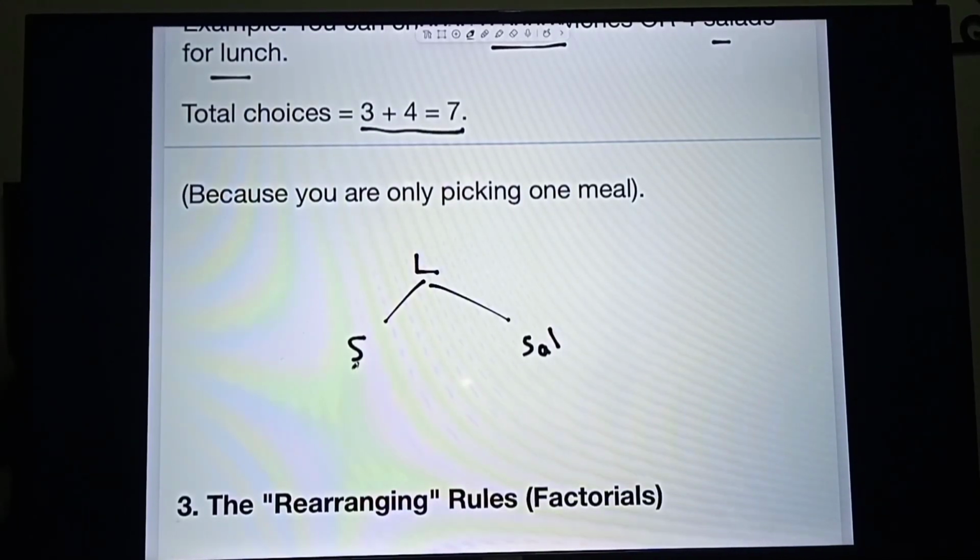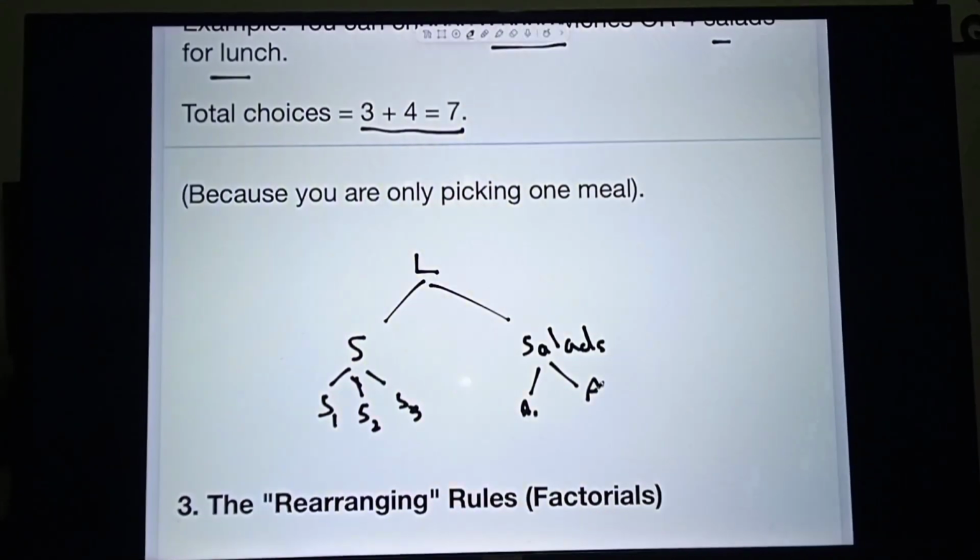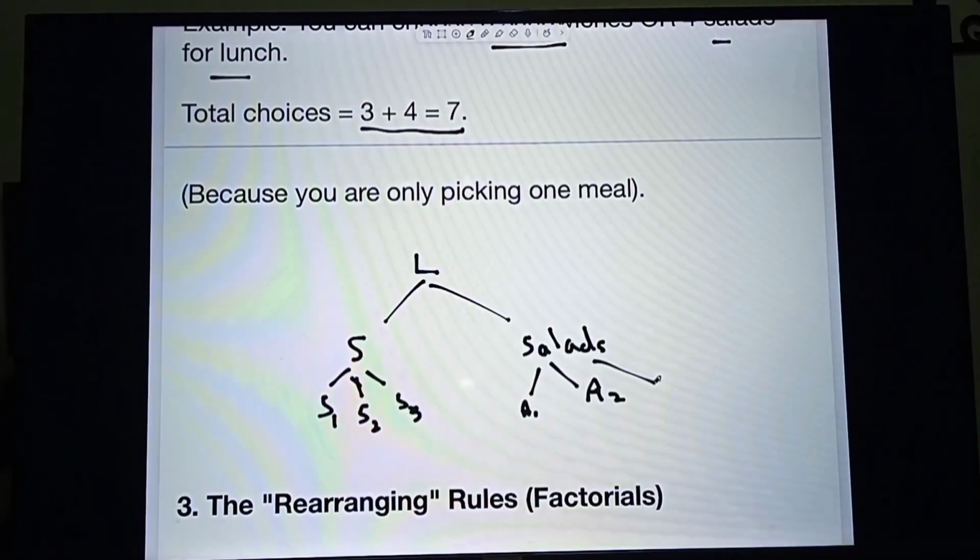Now suppose sandwiches are represented with S1, S2 and S3, whereas salads let's represent with A1, A2, A3 and A4.